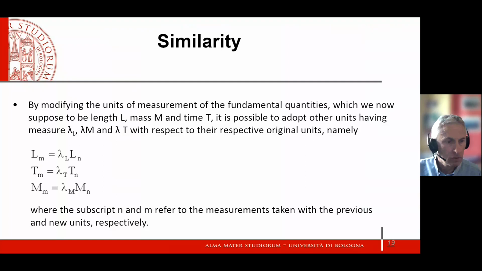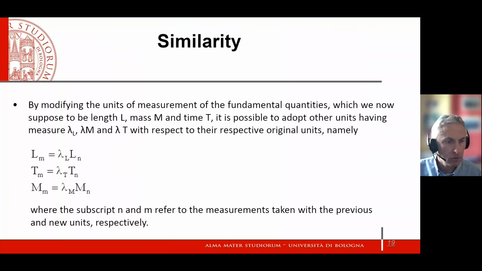So, let's suppose that we modify the units of the fundamental quantities, which let's assume they are L, T, and M. Okay, so let's say that in the three relationships that you see here, the subscripts N and M refer to the measurement taken with the previous and new units respectively.